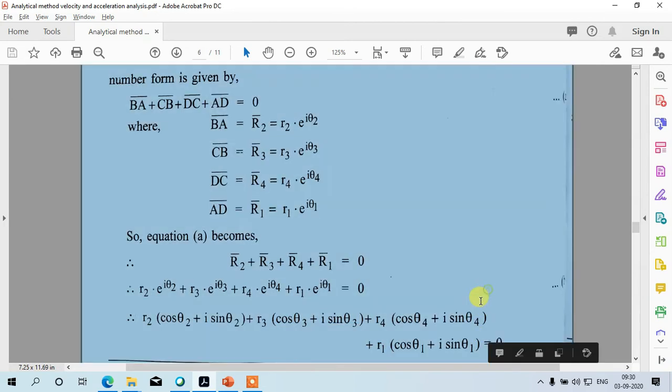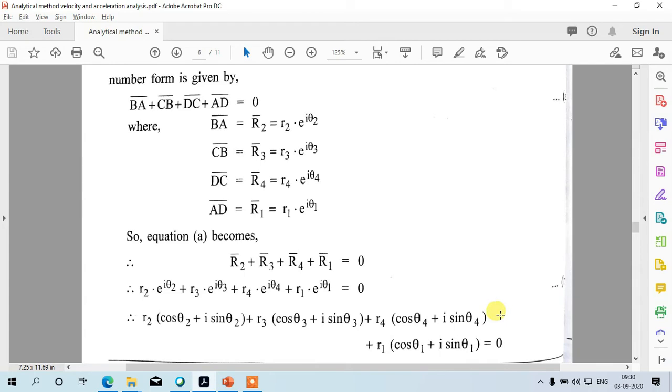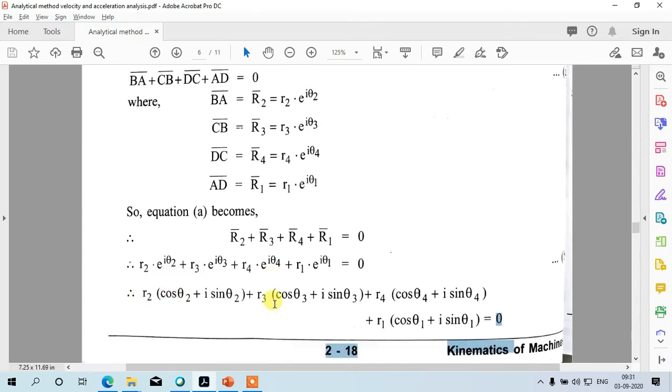Okay. Now we will use the same method that we use in maths to solve this complex equation. We will separate the real part and imaginary part and equate them with the real and imaginary parts on this side. So first multiply this R2, open all the brackets and separate these real and imaginary parts.